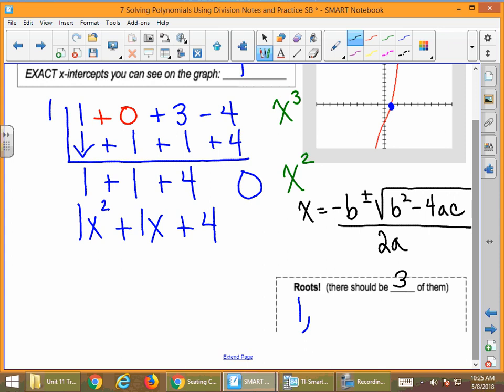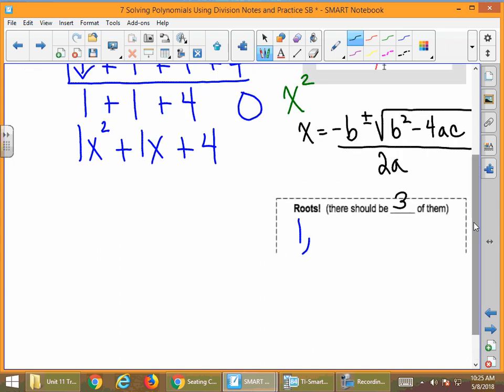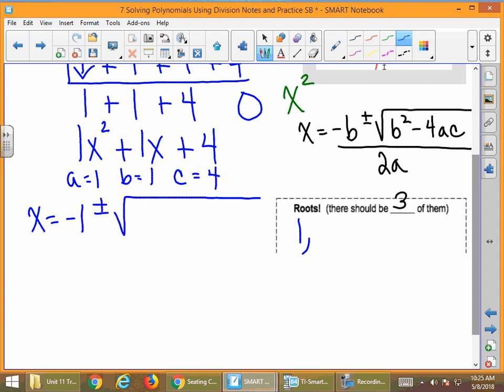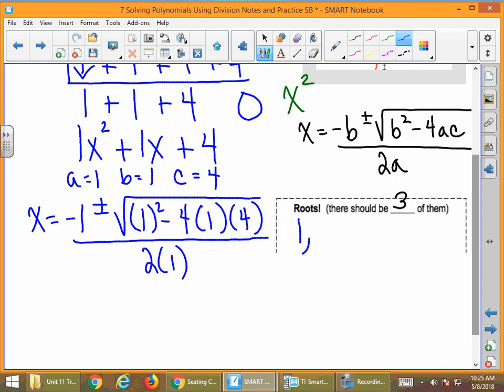But now that we know that, we're going to fill in our values over here with the fact that a is 1, and b is 1, and c is 4. We're filling that back into the quadratic formula. It's going to be x equals negative b plus or minus the square root of b squared minus 4 times a times c, all divided by 2 times a.